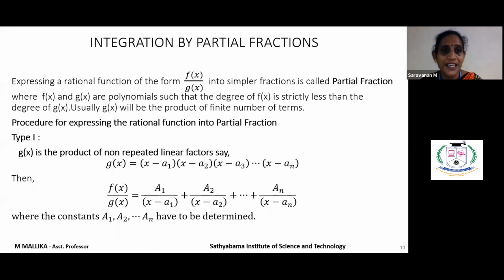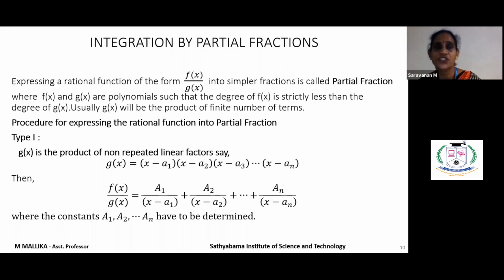The form is, if you have a quotient of two functions, namely f of x and g of x, where both f of x and g of x are polynomial functions, under the condition that the degree of f of x should be strictly less than the degree of g of x, then we can express this quotient f of x by g of x as addition or subtraction of simpler fractions.